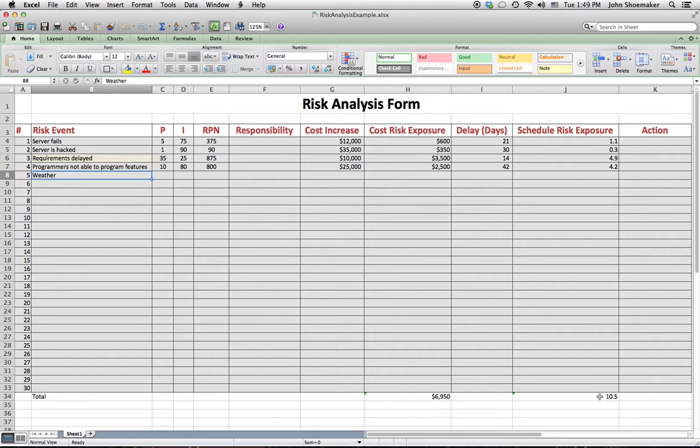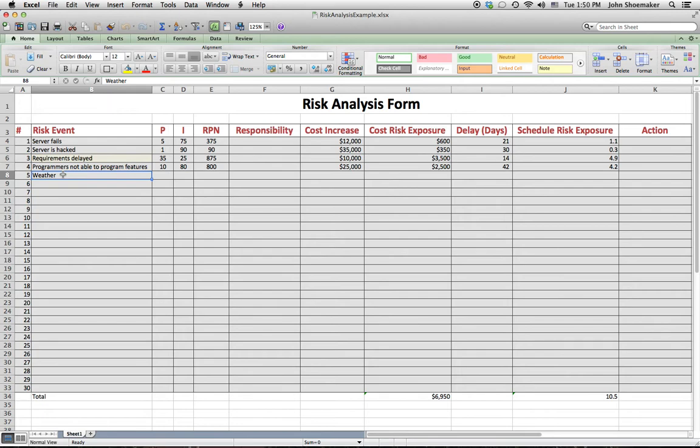And that's where weather is too broad. What we need to do is, rather than put in weather, we need to put in something like hurricane or thunderstorm or high winds or something very specific, because otherwise we can't calculate the probability or the impact. And there may be more than one weather-related risk event.